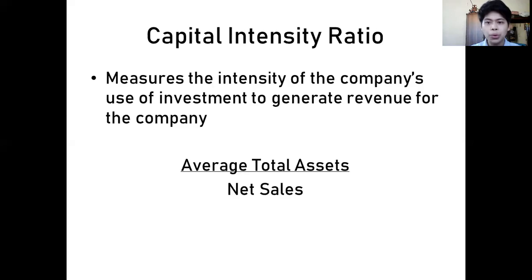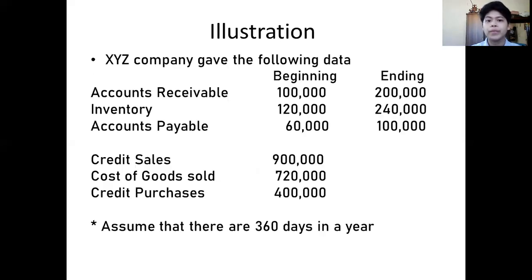So let's now go to the problem. Illustration. XYZ company gave the following data. So kung nakikita nyo, beginning, ending. So kung may beginning and may ending, ibig sabihin, kailangan natin i-compute yung average.